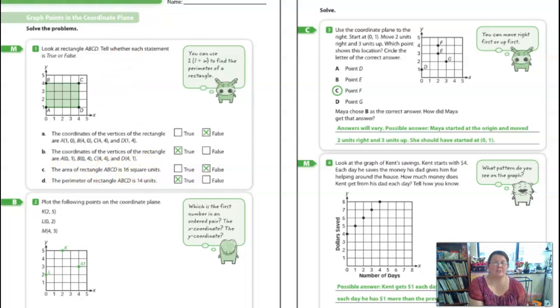So let's look at this for just a moment, and let's do 2 times the length is 1, 2, 3, 4, plus the width, and here we have 1, 2, 3.